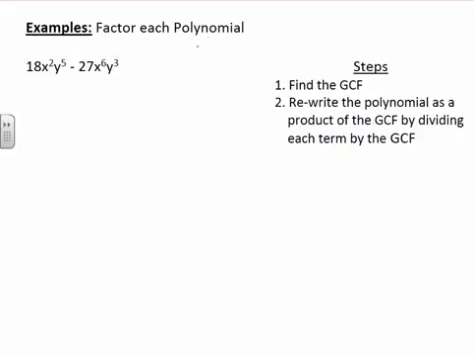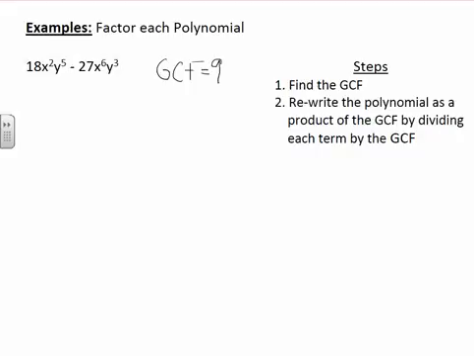Let's go through another problem. If we were to factor this polynomial, the first thing we need to do is find the greatest common factor. Again, let's look for the biggest number that both the number coefficients can be divided by, as well as the biggest value of x and y that can be taken out from both terms. Right away I can see that the biggest number that both 18 and 27 can be divided by is 9.